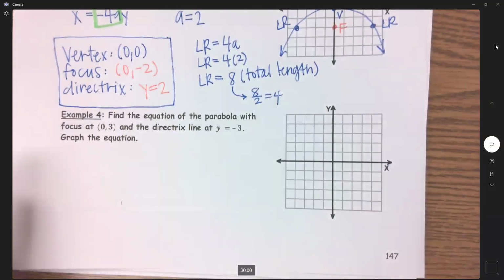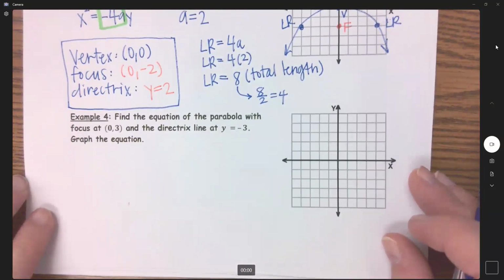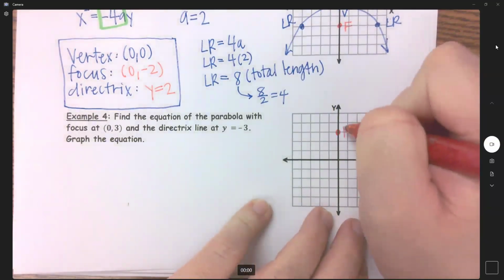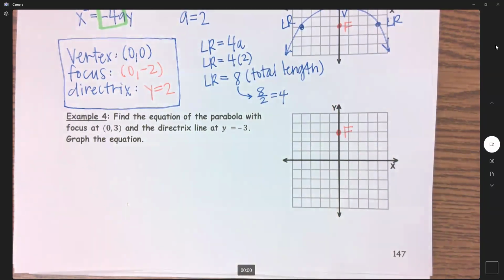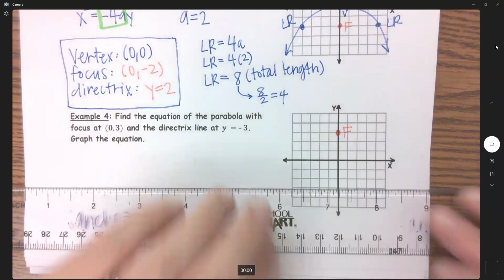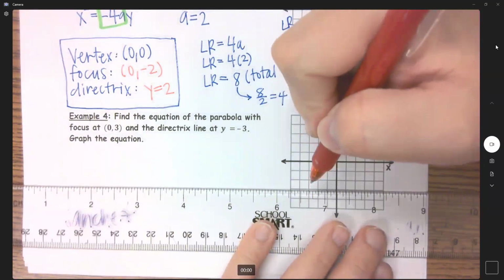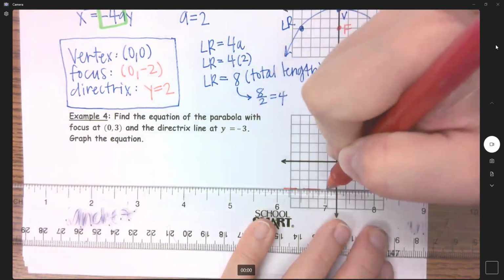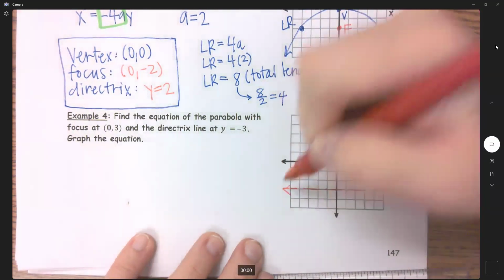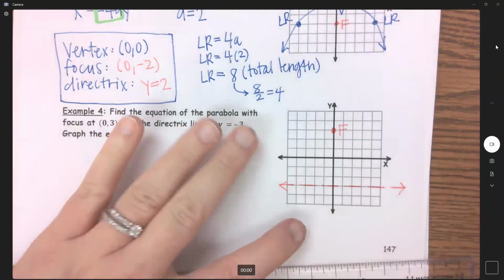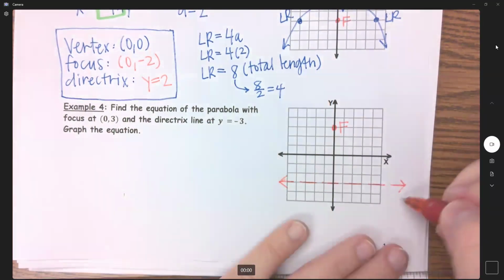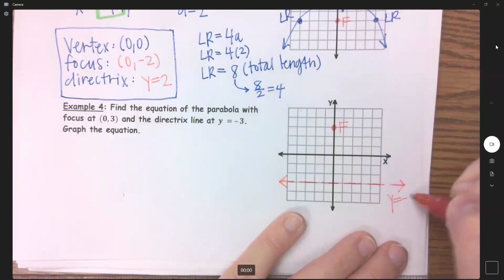Last example here. Find the equation of the parabola with a focus at 0, 3 and a directrix line at y equals -3.